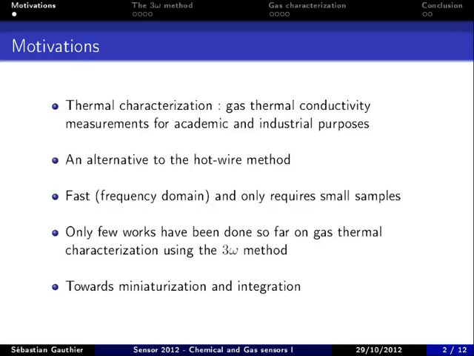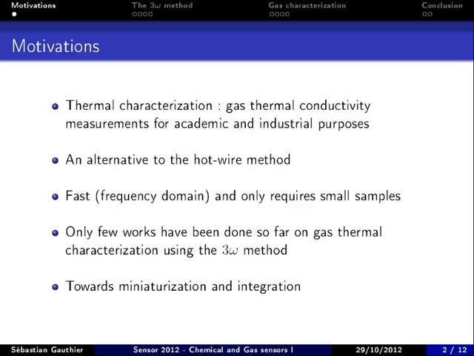So we wanted to measure the thermal conductivity for academic and industrial purposes with the aim of having an alternative to the hot-wire method, which requires quite heavy apparatus. So we decided to investigate the method because it's fast, it works in the frequency domain, and it needs only small samples.